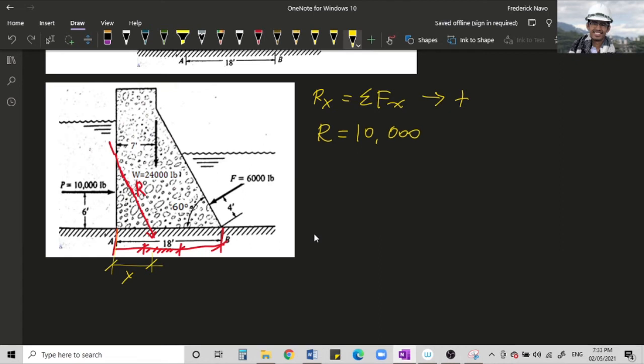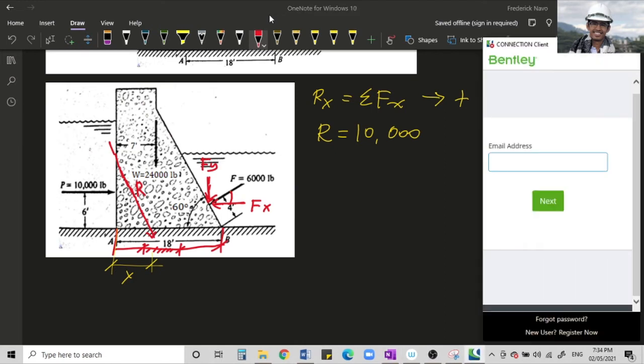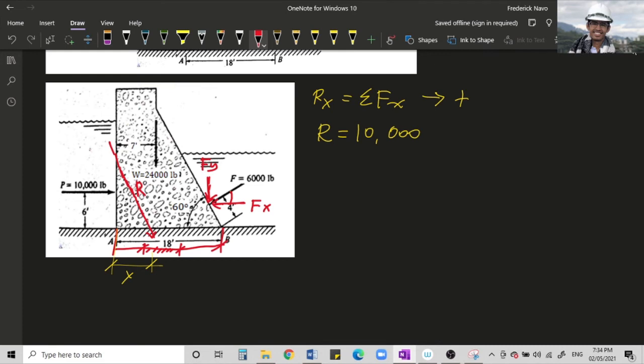So itong force F natin actually will give us a x and y component. So for force F, yan. So magkakaroon tayo dyan ng Fy and then Fx. Okay. So kailangan nating i-determine yung angle neto. So kung ang slope neto is 60 degrees, okay. So if the slope ng dam natin is 60 degrees and yung force F natin is perpendicular siya dito, okay.